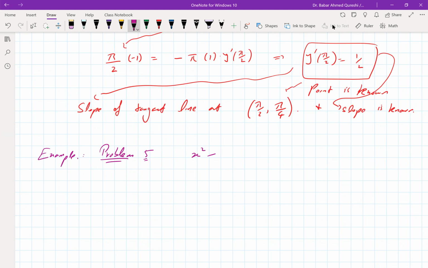This is an equation of an ellipse, and we are finding the tangent at 1, 1.